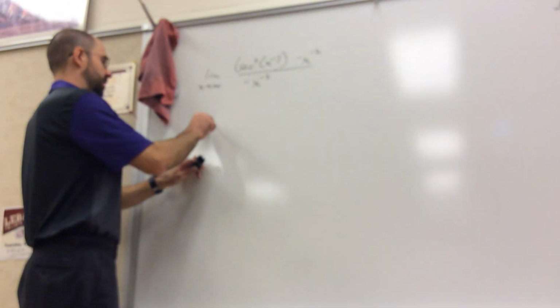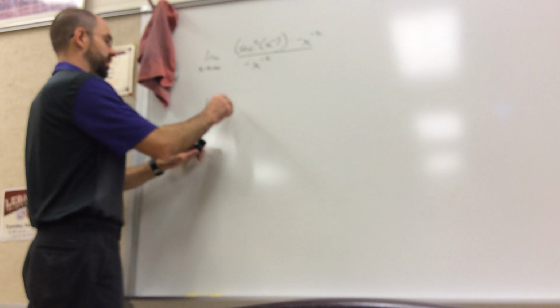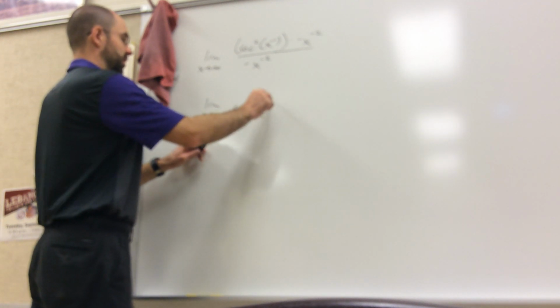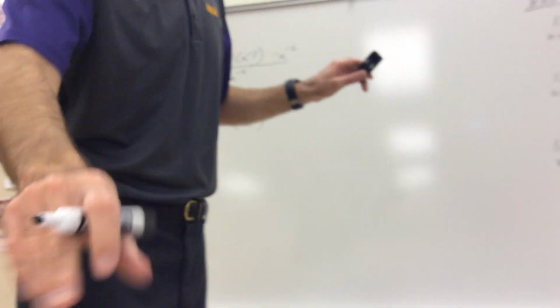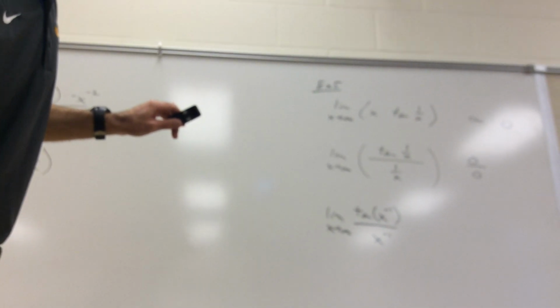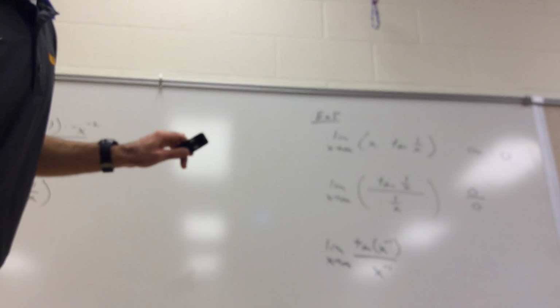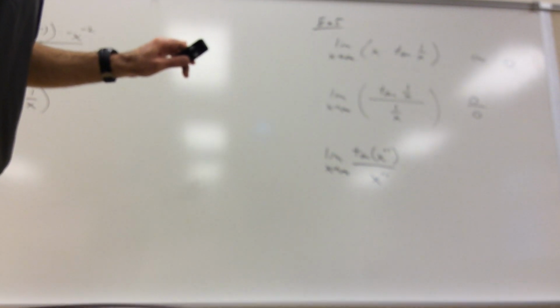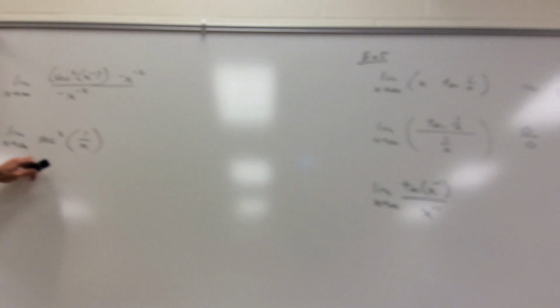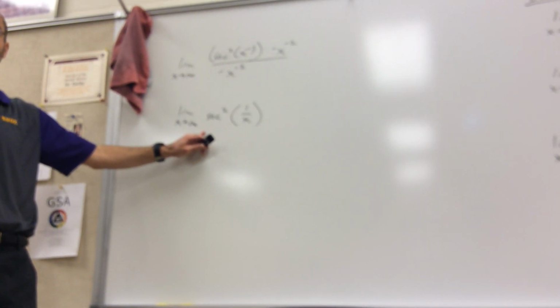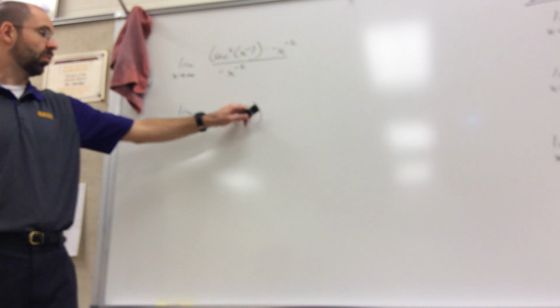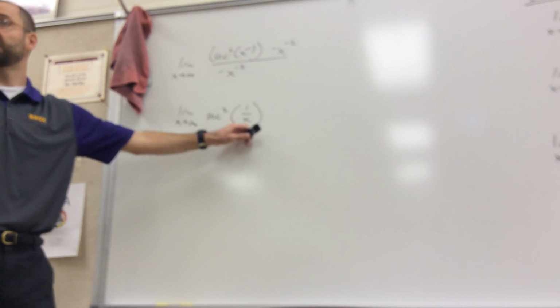So I've got the limit as x goes to infinity of the secant squared of 1 over x. One divided by a really big number is getting close to 0.